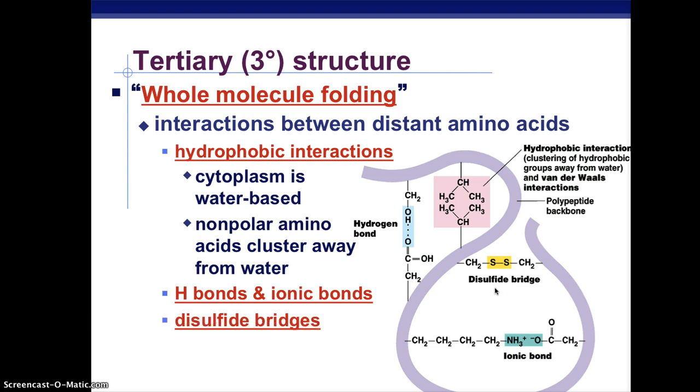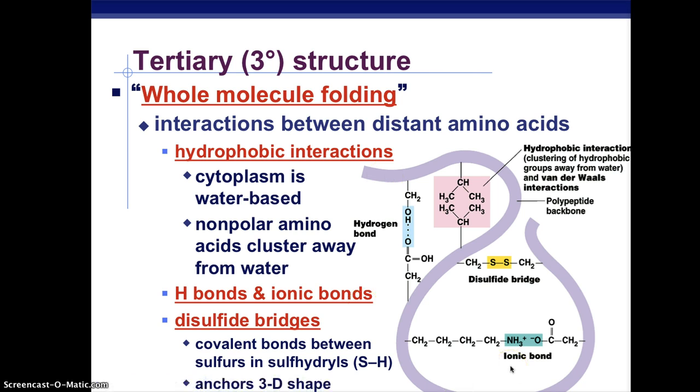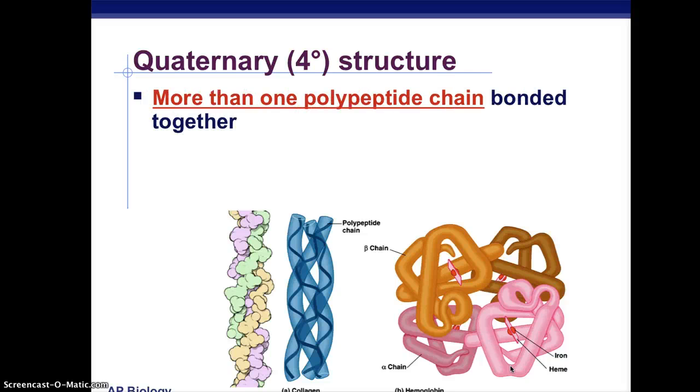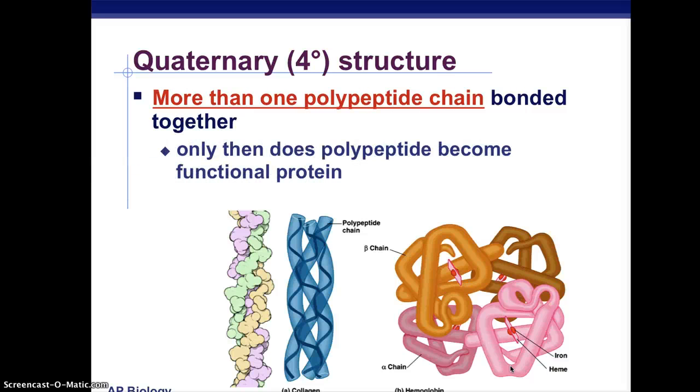And then we can also get covalent bonds forming between the sulfurs of R groups, also known as our disulfide bridge. And all of these things, the hydrogen bonding, the ionic bonds, the disulfide bridges, give our protein a three-dimensional shape, and it anchors this three-dimensional shape. At the tertiary form of the protein, this is when the protein becomes functional. Then the fourth level is what's called quaternary structure. What happens with this is more than one folded polypeptide chain bonds to another.